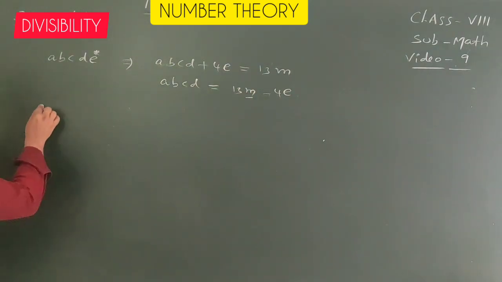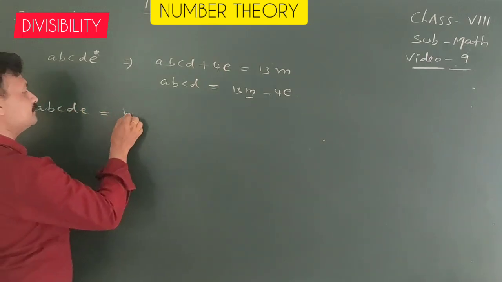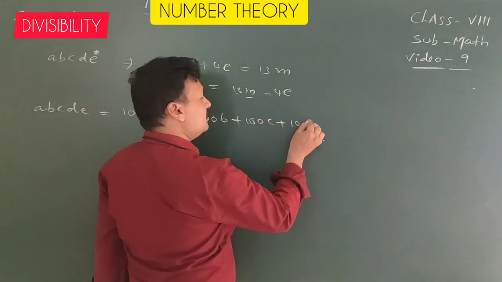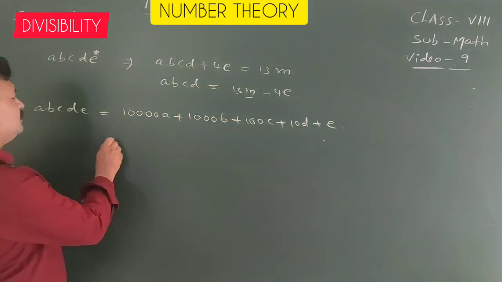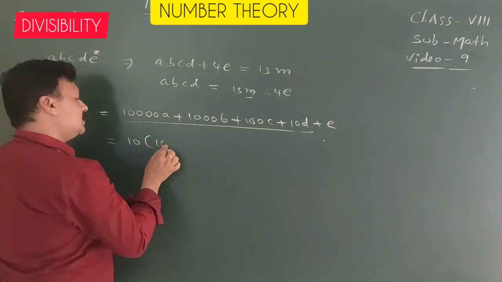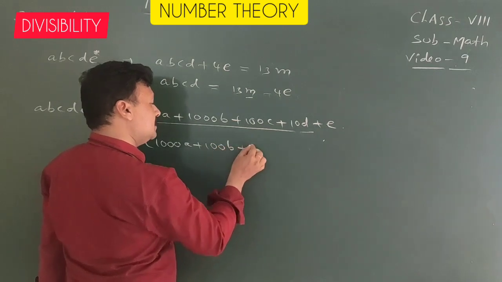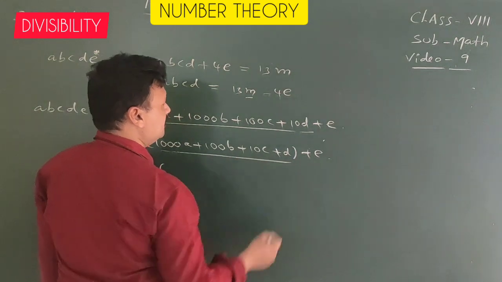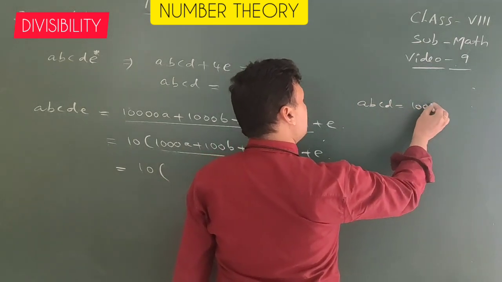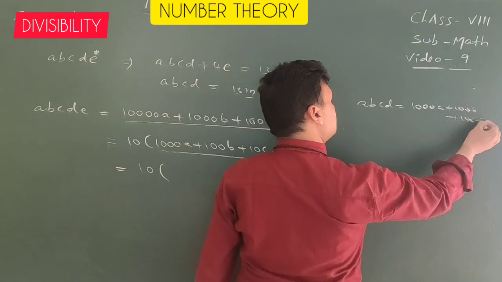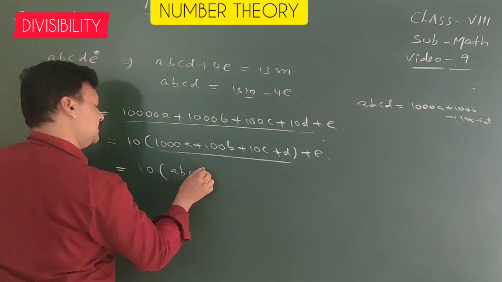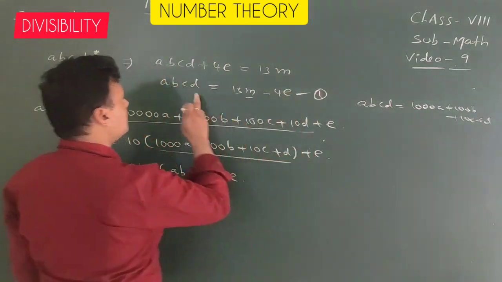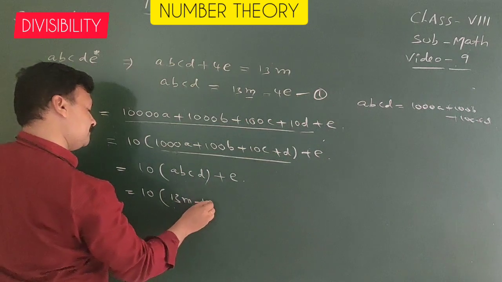Now the expanded form of ABCDE is 10,000A plus 1000B plus 100C plus 10D plus E. If you take 10 common, here 1000A, 100B, 10C plus D, times 10, plus E. The expanded form of ABCD is 1000A plus 100B plus 10C plus D. So instead of this one, we can write ABCD plus E. Now 10 into ABCD means 13m minus 4E, plus E.